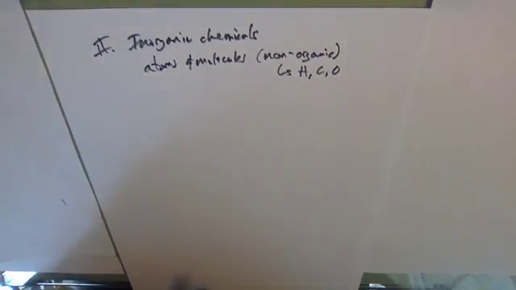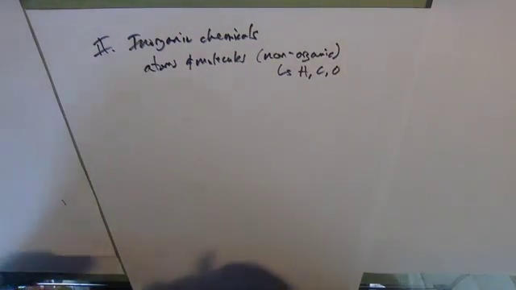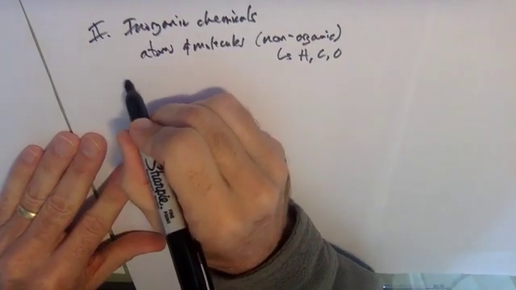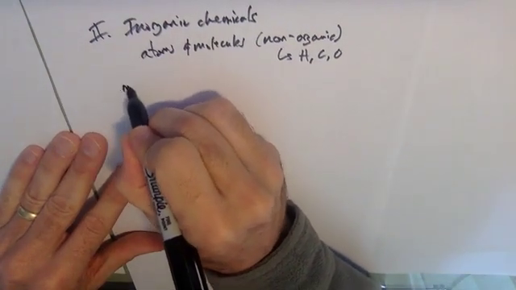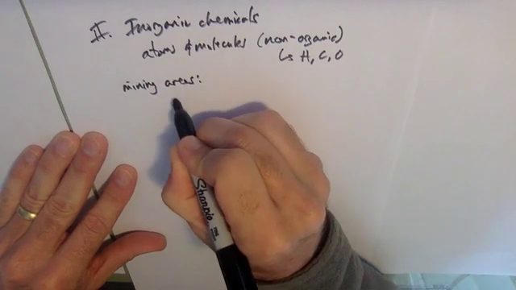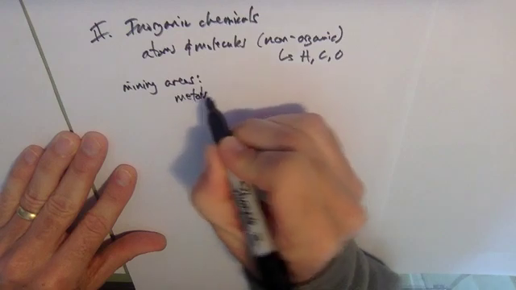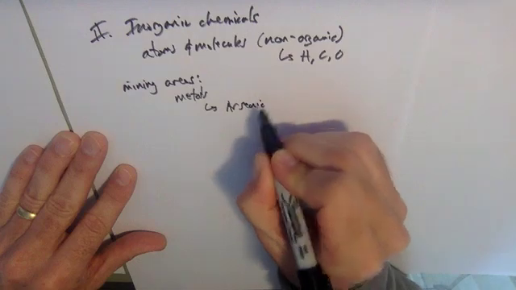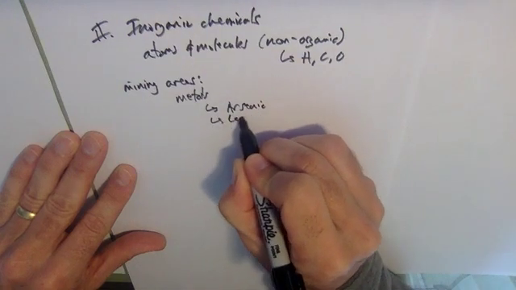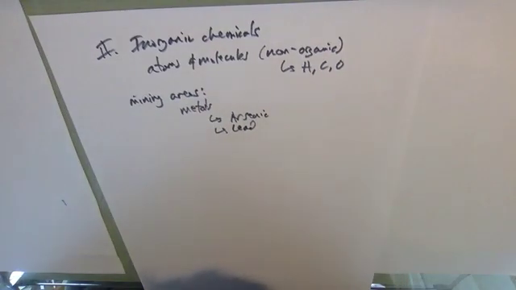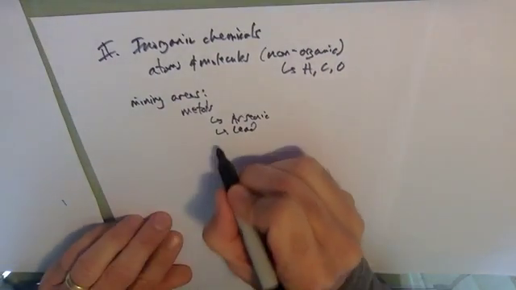So these are all the other components. So, for example, in some mining areas, we often have to worry about metals in water. And metals can include things like arsenic or lead, those sorts of things, or mercury.